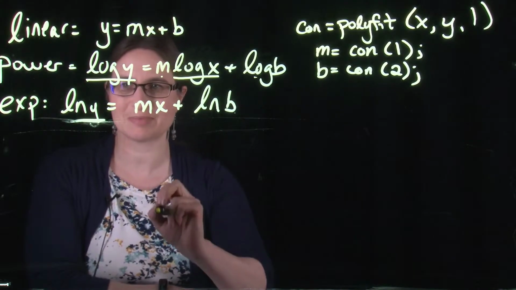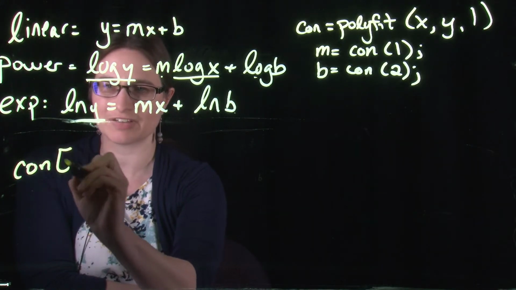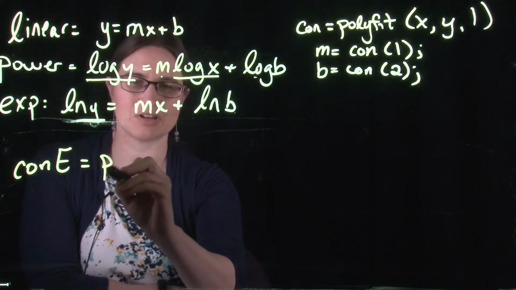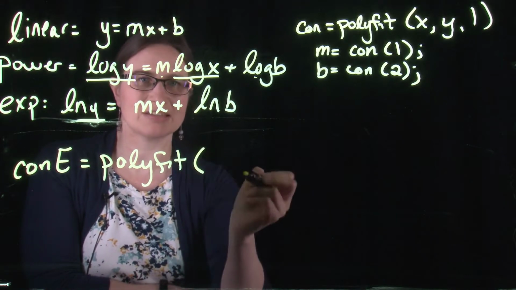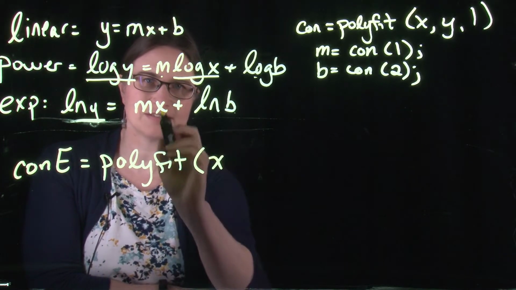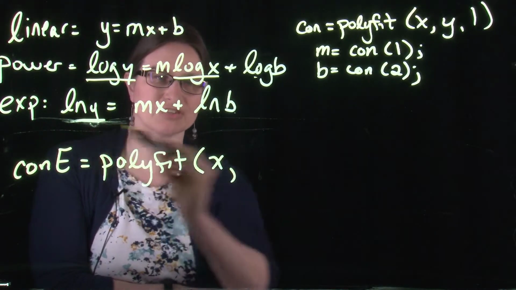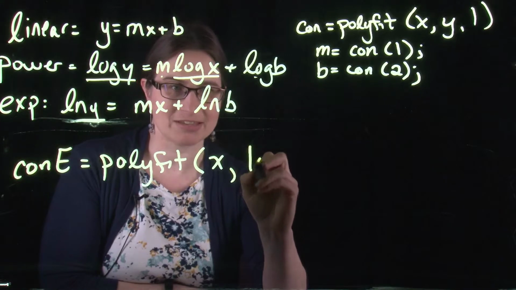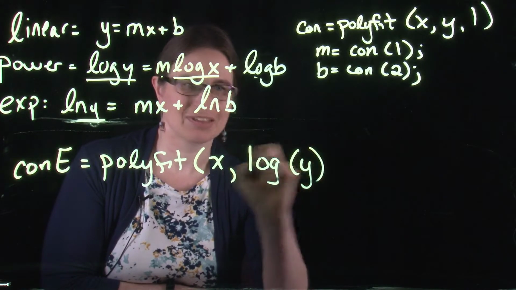So now looking at the exponential function, so this is going to be, we'll just put the constants of the exponential. So again, we're going to use polyfit. And we want to look at the x values, which will be the same in this case, no log there. But the y values, we have the natural log. And in MATLAB, that is log, for some bizarre reason, of the y.